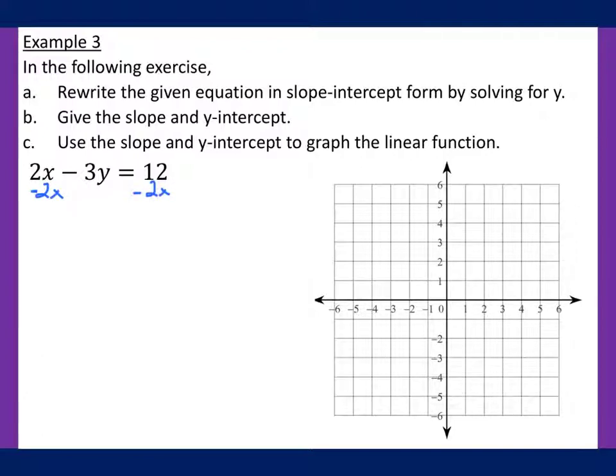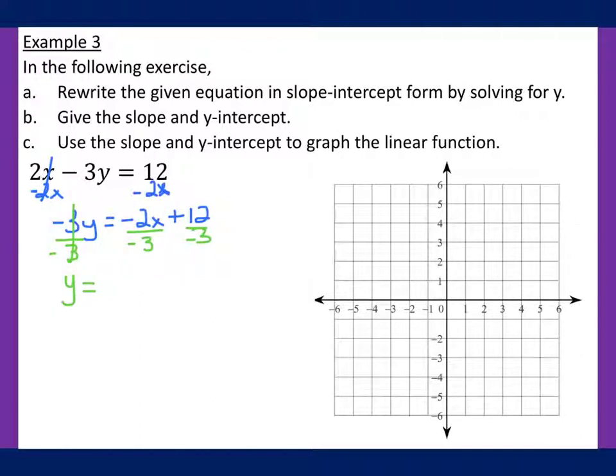Since that's a positive 2x, we subtract it to the right side, so that now I have negative 3y equals negative 2x plus 12. And then since that negative 3 is in front of y, we want to divide everything by a negative 3. Every single thing needs to be divided by negative 3 in order to get that negative 3 away from the y.